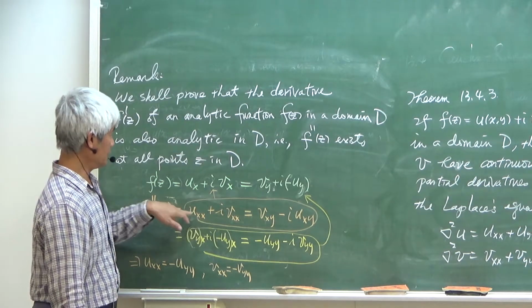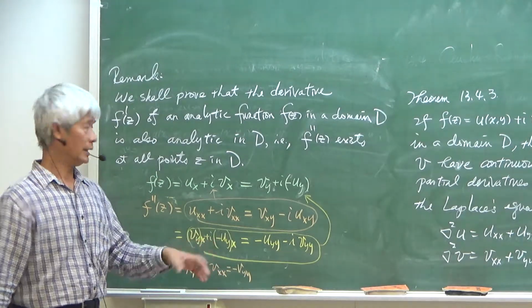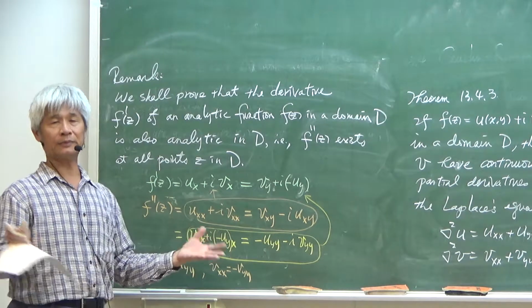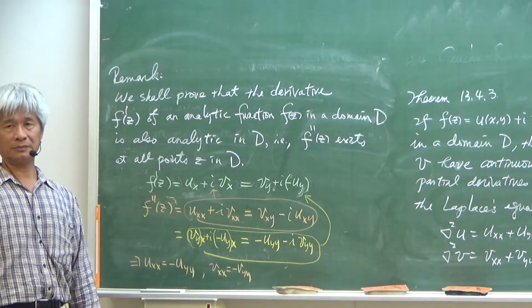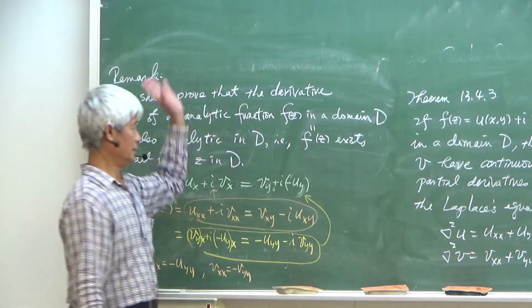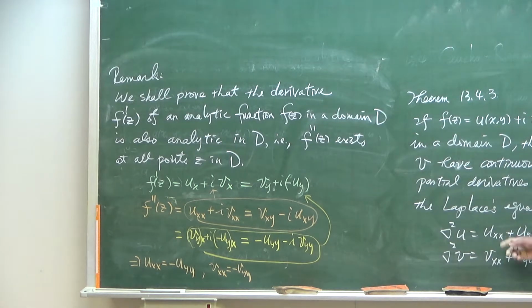So u has partial derivatives of any order, and v has partial derivatives of any order. That's why the second order partials must be continuous.